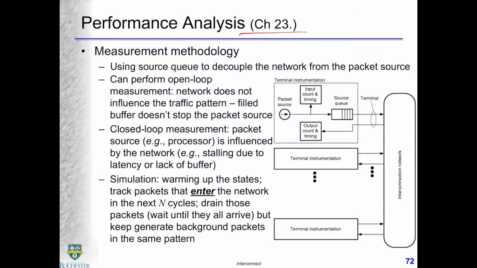Well, at cycle zero, the entire network is cold. All the queues are empty. That's not reflective of what's happening. So what you need to do is start to inject packets following the traffic pattern that you care about. You have to warm up for a certain amount of time before you say, from now on, I'm going to track the subsequent packets that enter the network and measure their latencies.